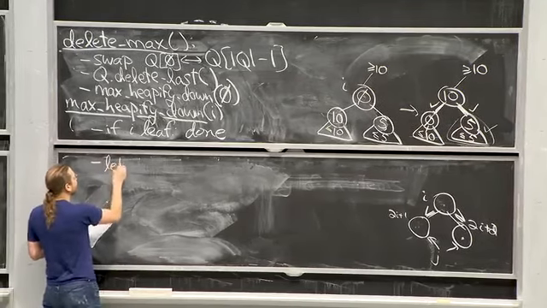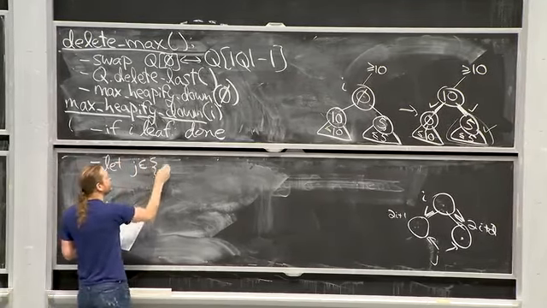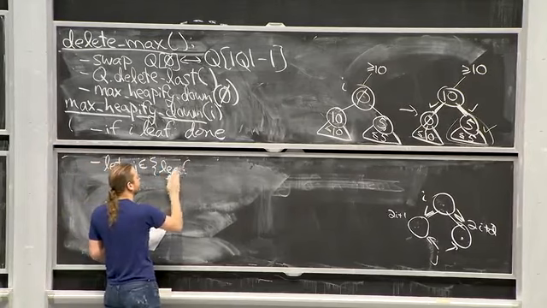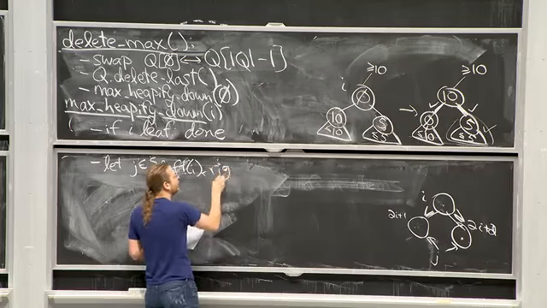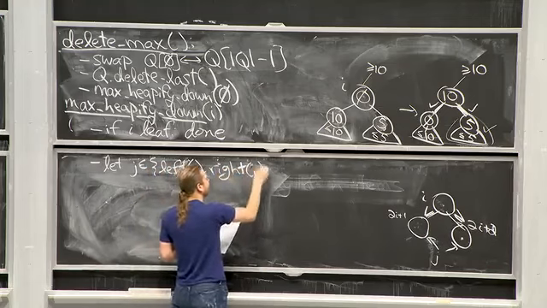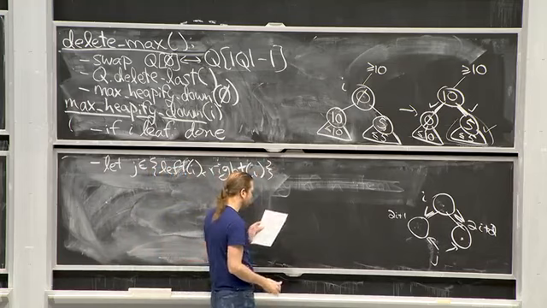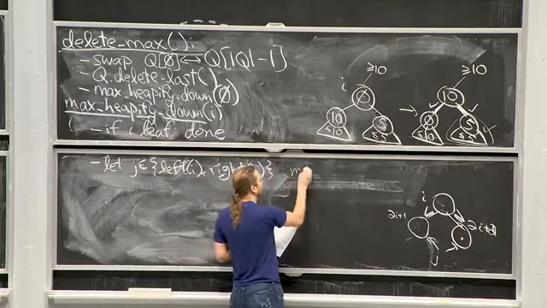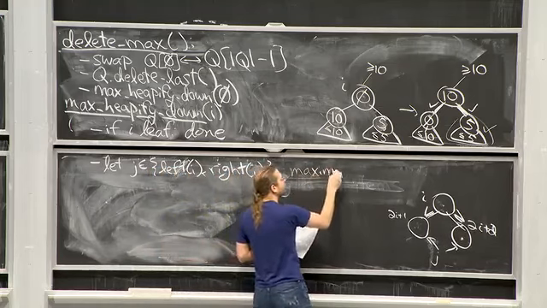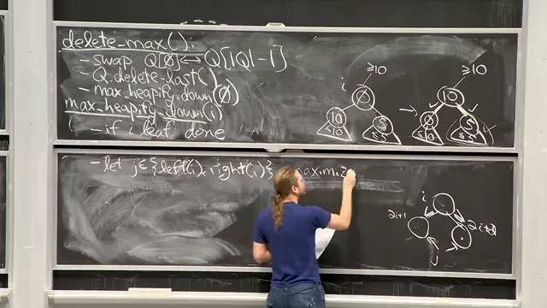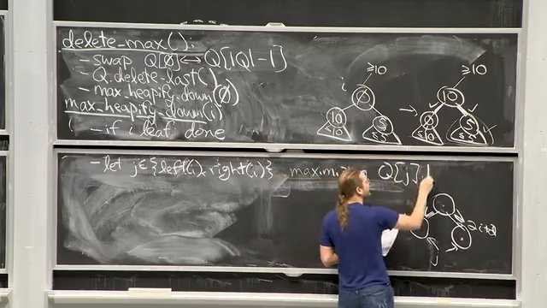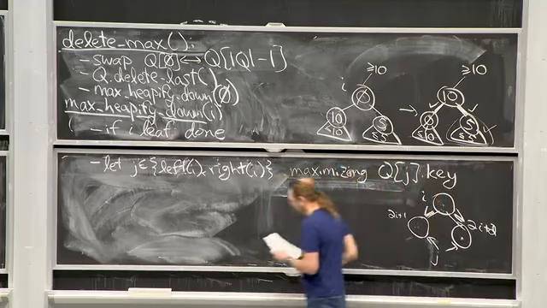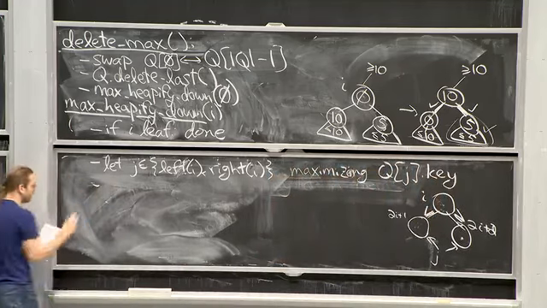Otherwise, let's look among the two children, left and right of i. Right of i might not exist, then ignore it. But among the two children that exist, find the one that has maximum key value, q of j dot key. That was 10 in our example.